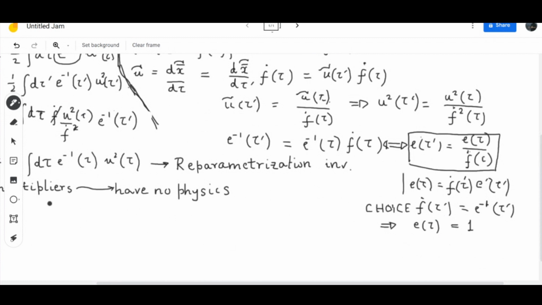So with this choice, you see what happens is S1, well, now we get an S2, or I can still call it S1 bar, which is only a function of x bar. And what is that? That is nothing but the integral of d tau, u squared of tau, with a half.